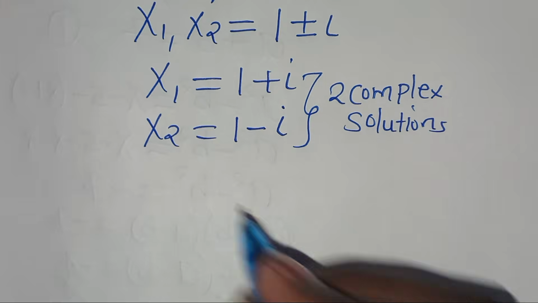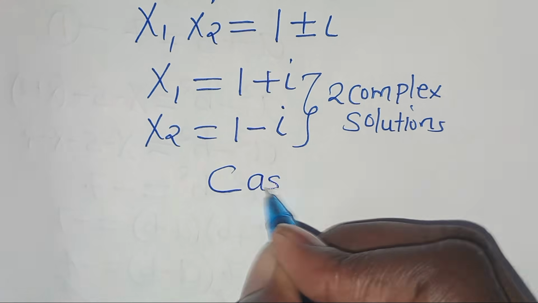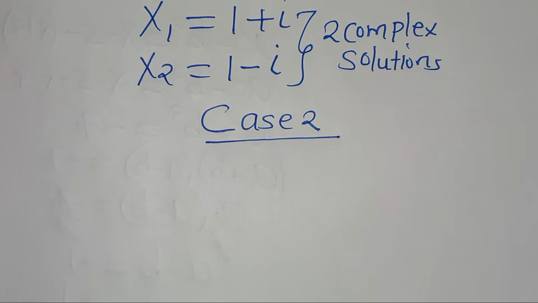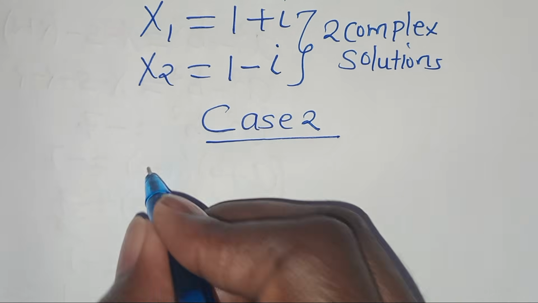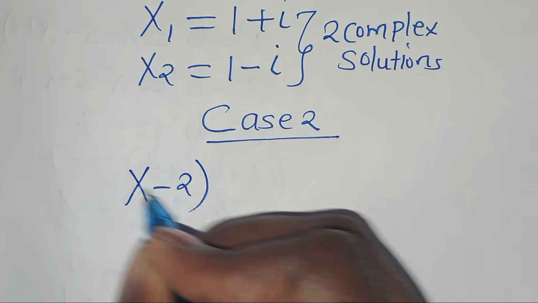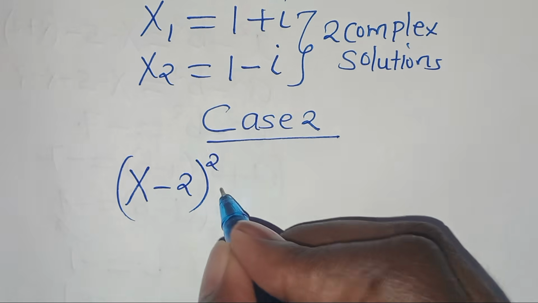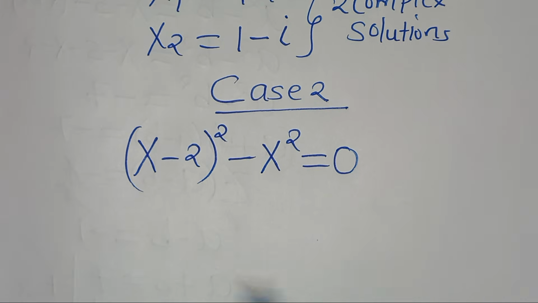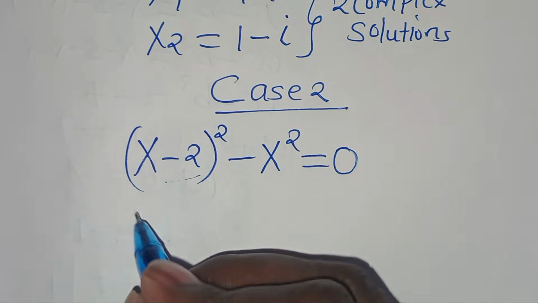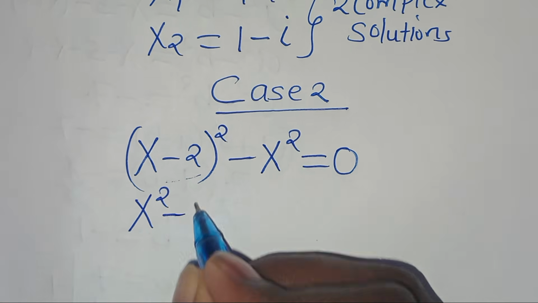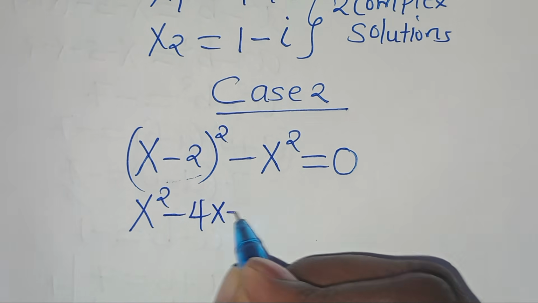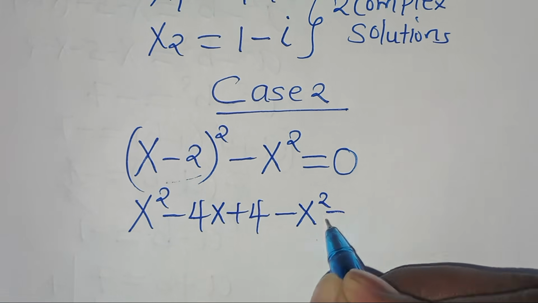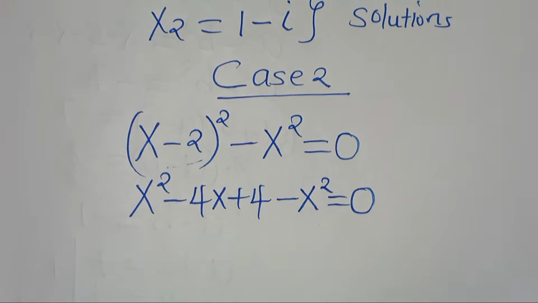Now let's proceed to case 2. In case 2, we have (x - 2)^2 subtract x^2, equal to 0. Now let's expand this equation. This is x^2 - 4x + 4, subtract x^2, equal to 0.